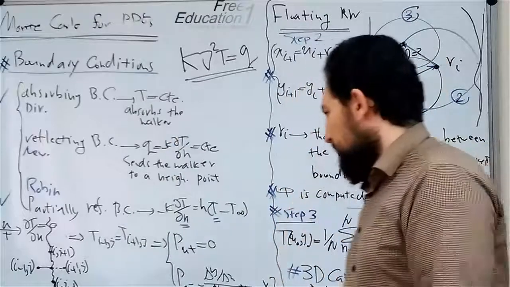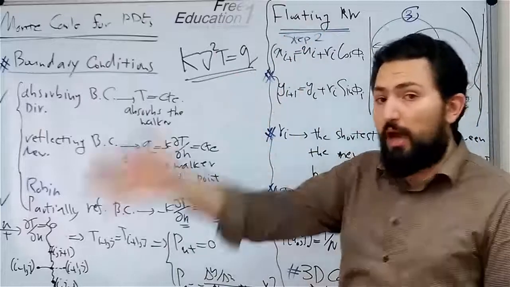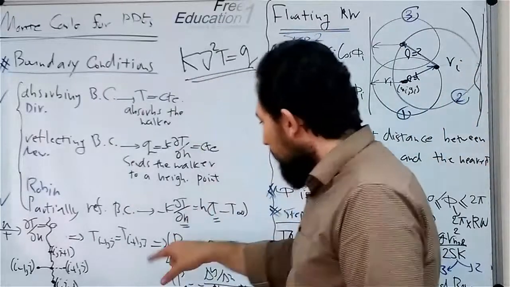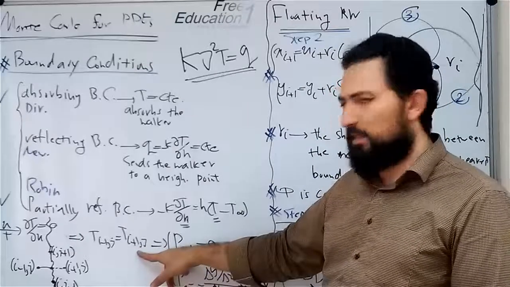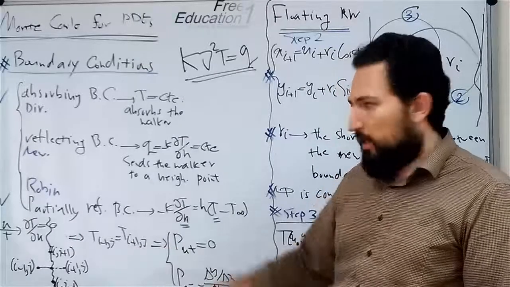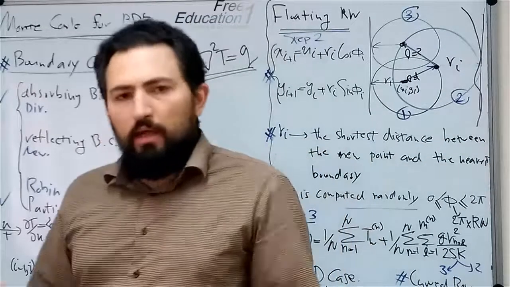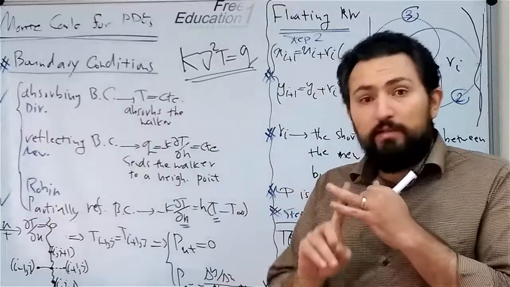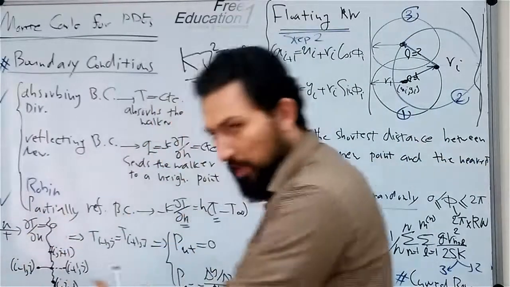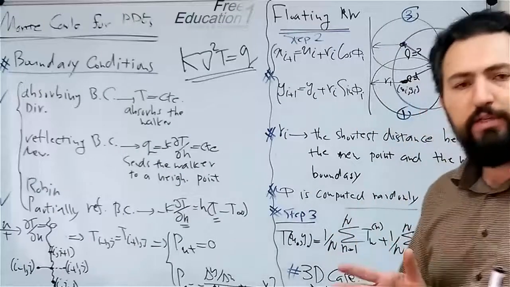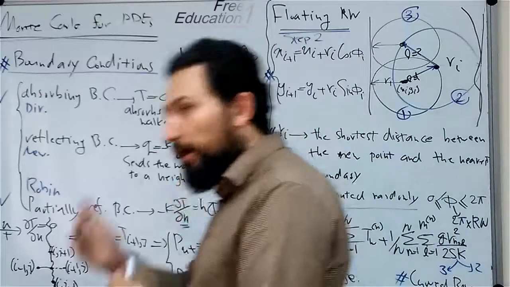Okay, and then substitute this relation into the discretized form of the governing equation and omit the temperature of the ghost node, which is T sub i+1, j. And you will obtain a new governing equation in which only the 3 temperatures of the upper, the lower, and the left node exist, and then you can continue the random walk process.